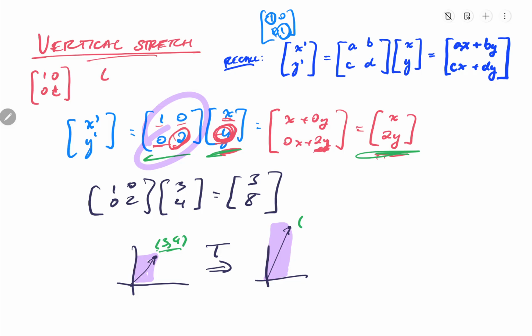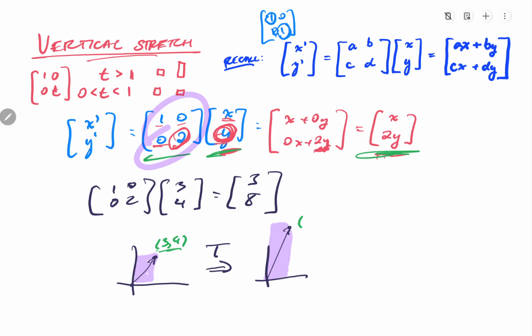Some people call this a stretch and a compression, but that doesn't really matter. If I input a square, I would have my height changed. If I had a stretch factor that was greater than 0 but less than 1, the square would get squashed but still have the same width.